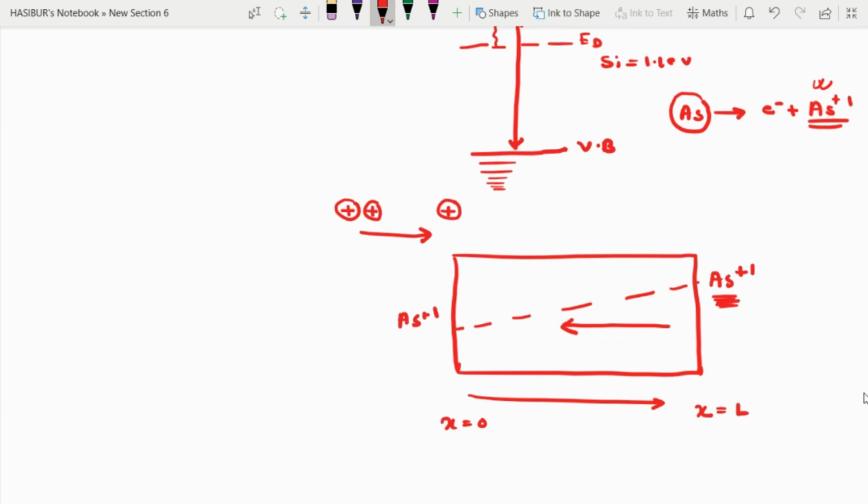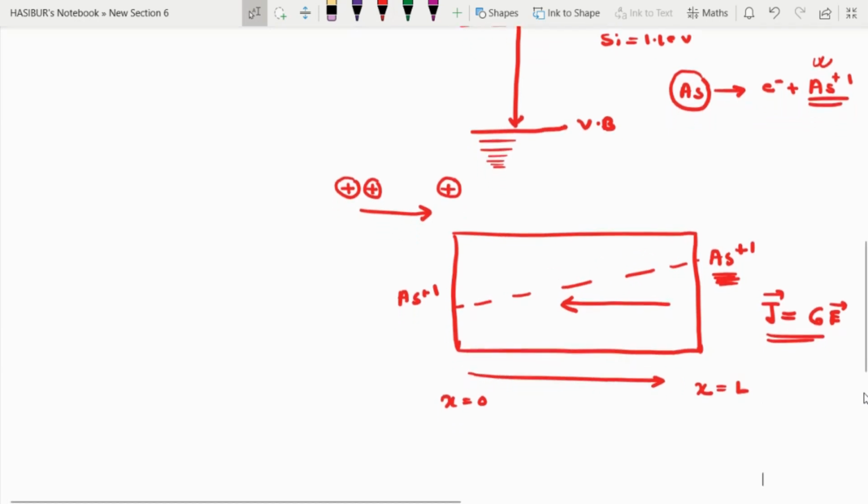So we know from Ohm's law, J equal to sigma E. When there is an electric field, there should be an associated current density. So does the material show any current, any conductivity? So what will happen?